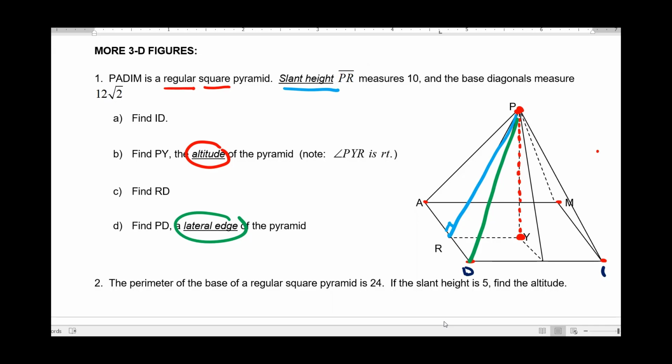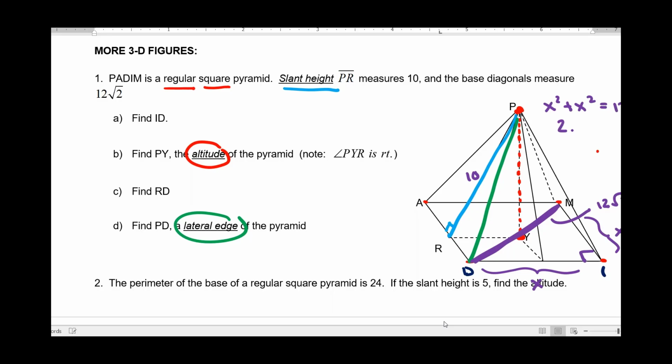Find ID. So ID, given that the slant height is, let's label some things here. The slant height is 10. The base diagonal, the diagonal of the base, is 12 root 2. Now, I know that this is a right angle right there, and I have a 45-45-90 right triangle, where this is x, this is also x, so I can do x squared plus x squared equals 12 root 2 squared, and solve for x.